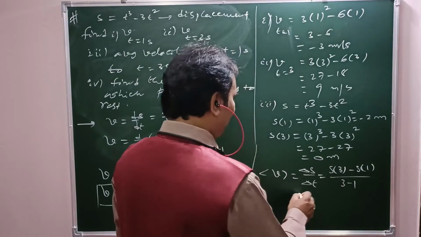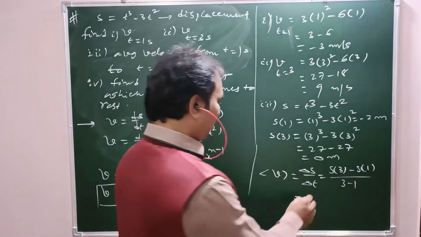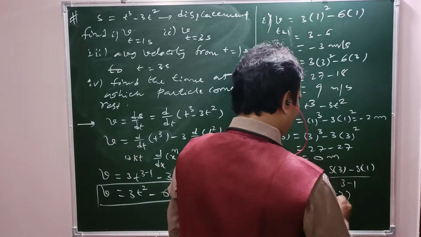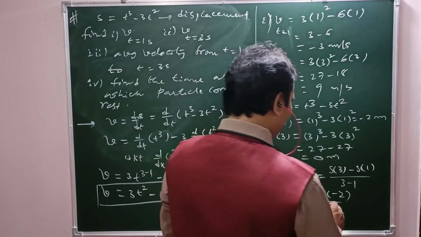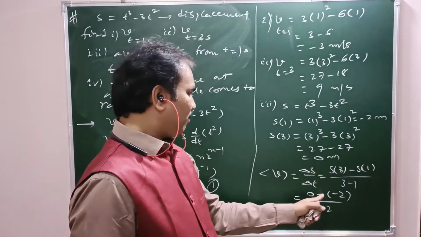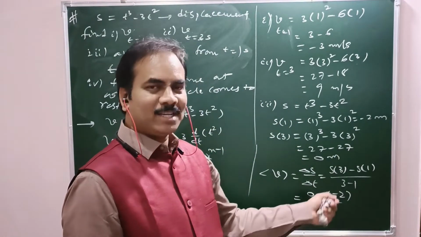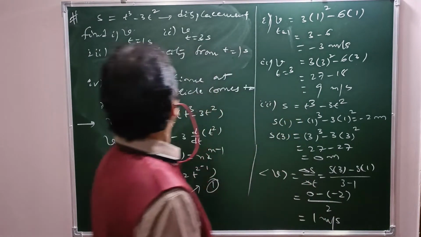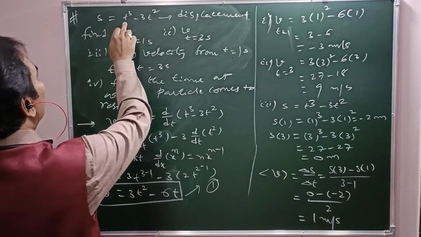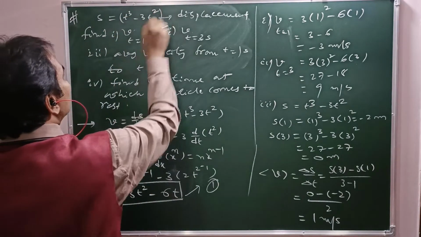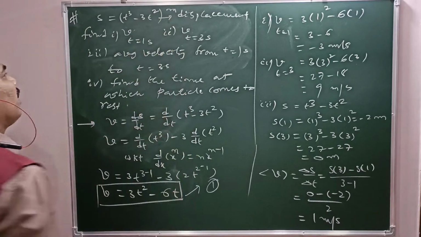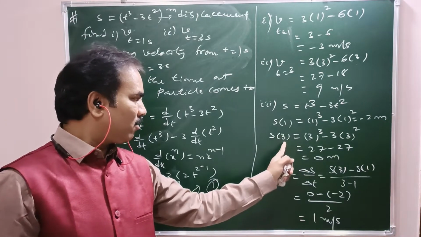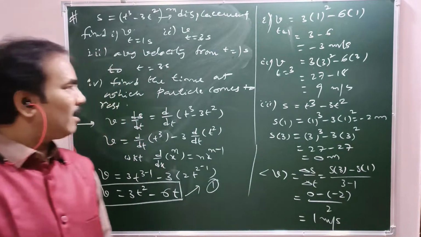So average velocity equals s of 3, 0, minus s of 1, minus 2, divided by 3 minus 1, that is 2. So 0 plus 2 by 2, that is 1 meter per second. Here s equals t cube minus 3t square is expressed in meters. So the average velocity from the first second to the third second is 1 meter per second. Am I right?